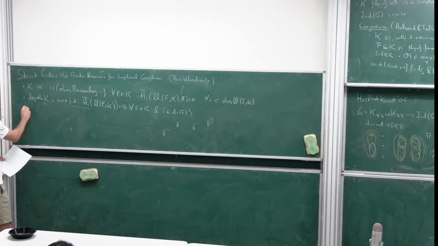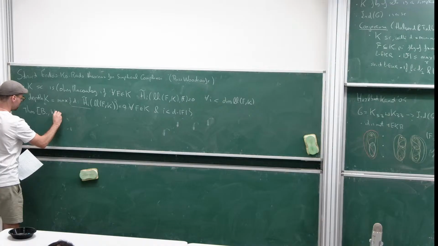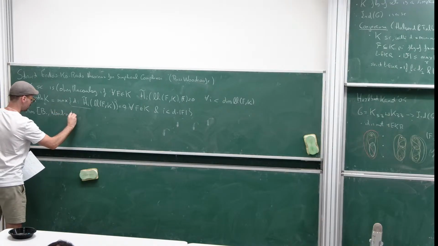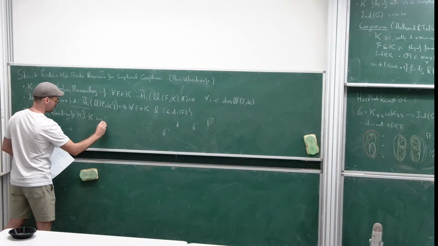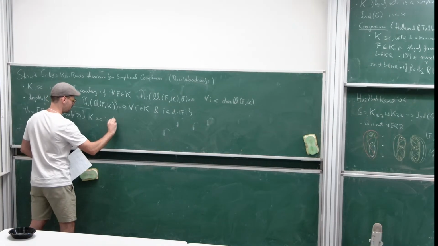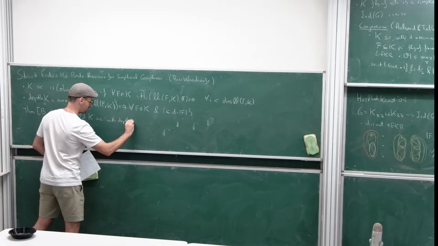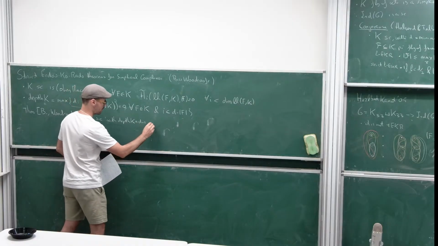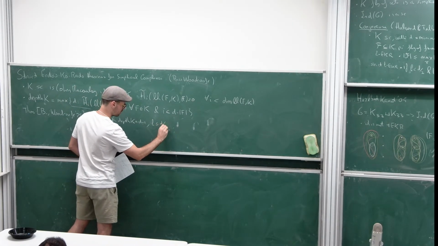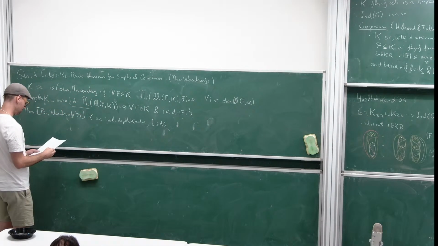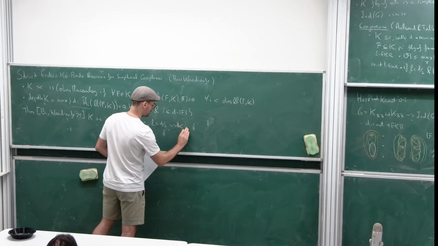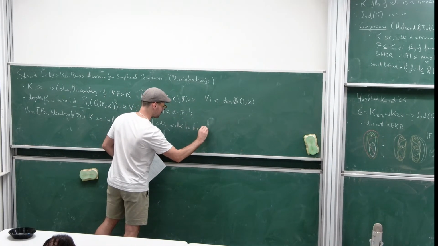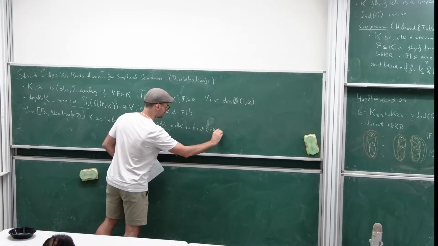Now I can state our result. If we have a simplicial complex K, such that the depth of K minus 1 is strictly less than d over 2, then K has the strict EKR property.